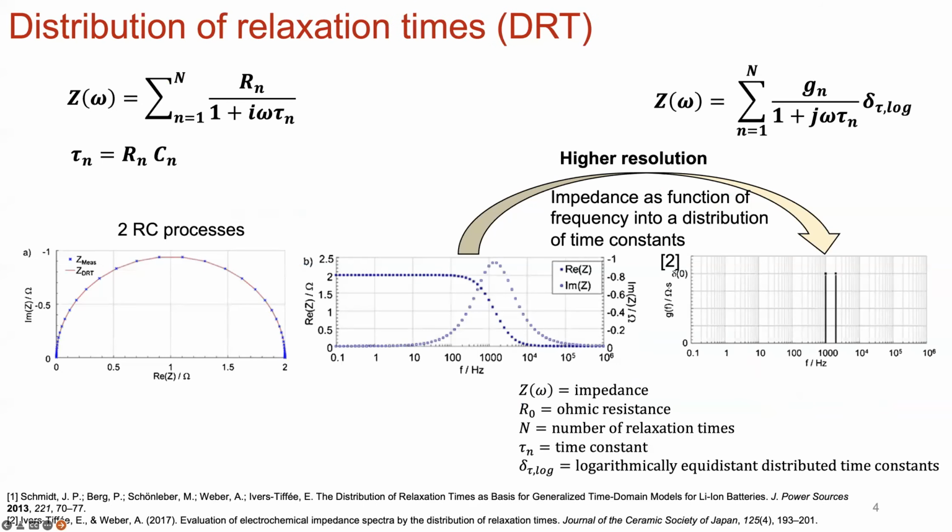or SEI formation. So in terms of the methodology in comparison to EIS, for a 2 RC process, so capacitive, not constant phase element yet. So just something typical like 2 RC processes, you see a typical Nyquist plot that would look like this.